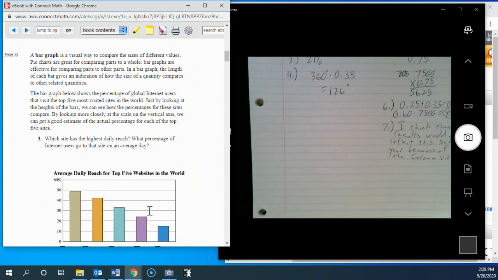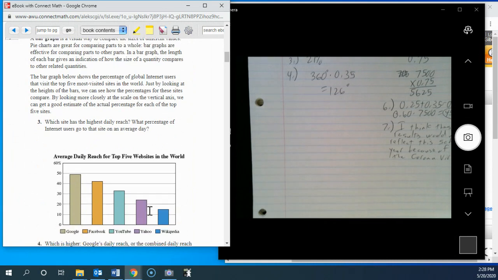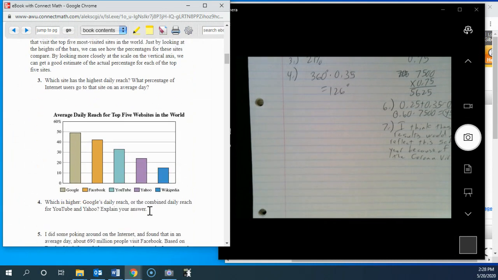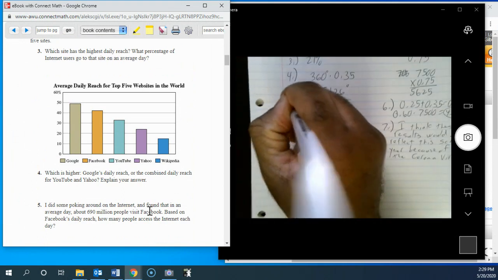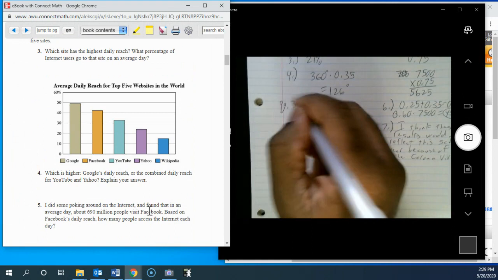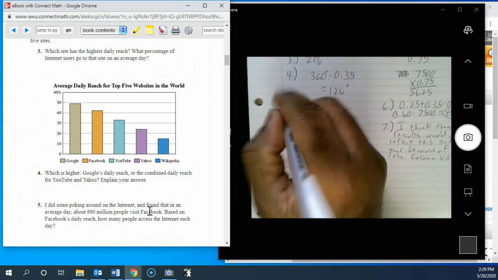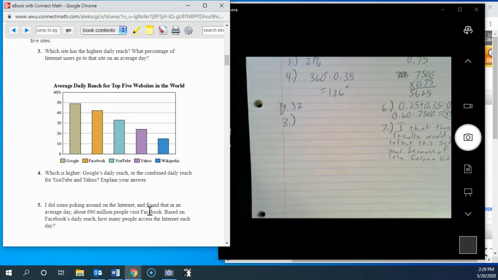Number 3, which site has the highest daily reach? What percentage of internet users go to that site on an average day? Okay, if you look at this chart on page 32, number 3, the highest bar here is Google.